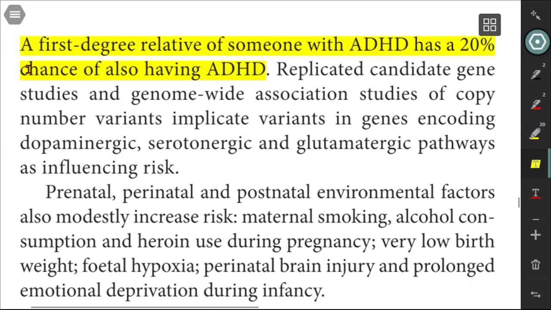Replicated candidate gene studies and genome-wide association studies of copy number variants implicate variants in genes encoding dopaminergic, serotonergic, and glutamatergic pathways as influencing risk.